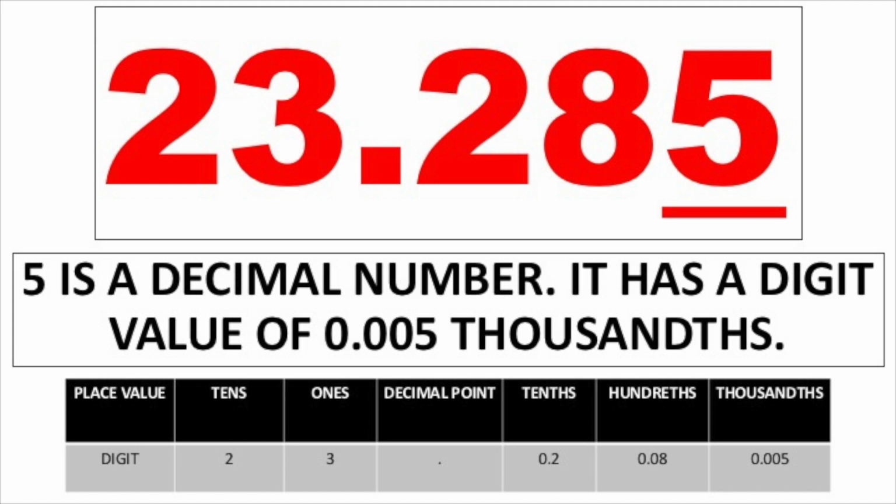So the digit value in the thousandths here, because we have a 5, is 0.005. If that digit was a 7, it would be 0.007. And if it was a 1, 0.001. That's all you need to do. Just look at the digit and then remember the place value with the number of zeros. Understand? Okay, well done, guys.